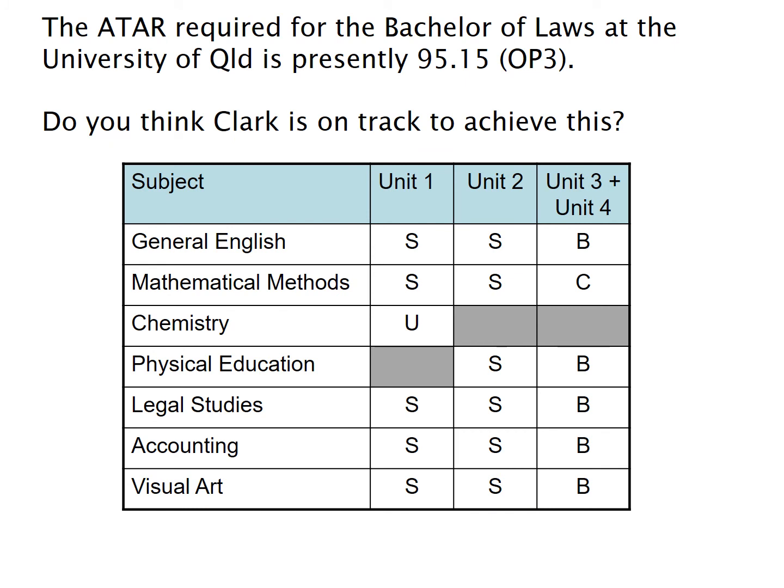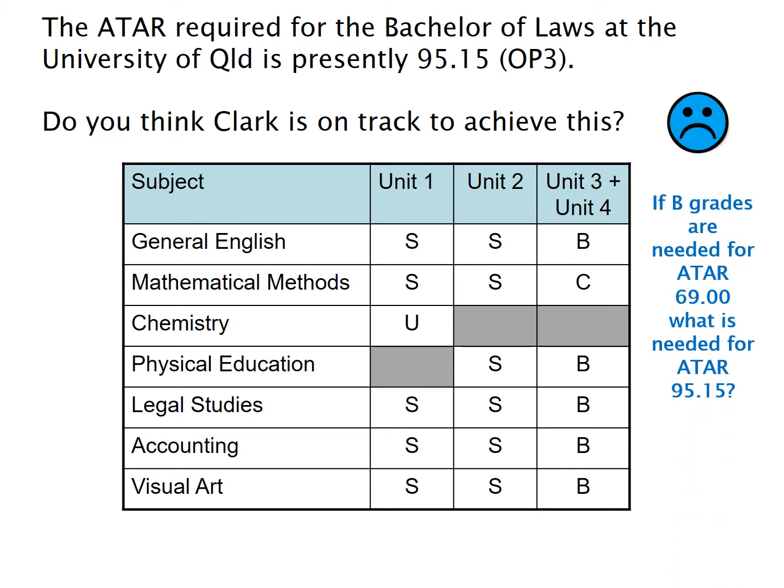So the ATAR required for the Bachelor of Law, so this is the course that Clark can apply for based on prerequisites, is presently 95.15. Wow. Do you think Clark is on track to achieve this? Well, maybe not.